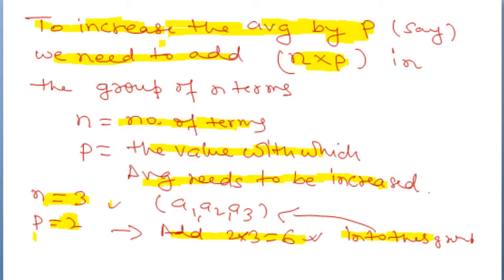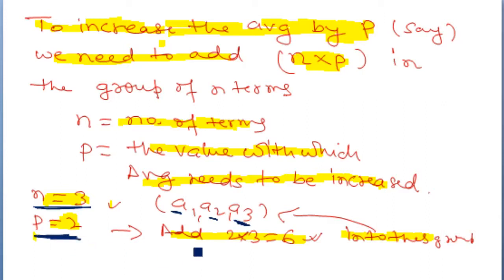Suppose a1, a2, a3 is a group of 3 numbers, so the number of terms becomes 3, and the average is to be increased by the value 2, which is p.